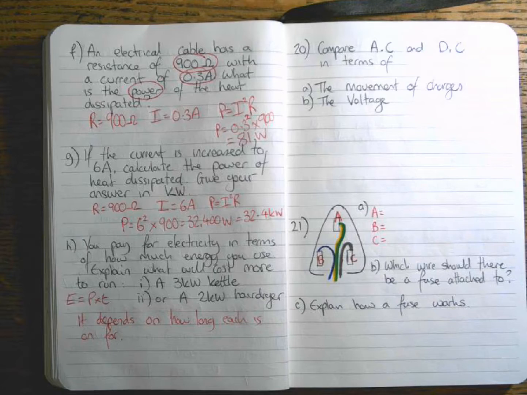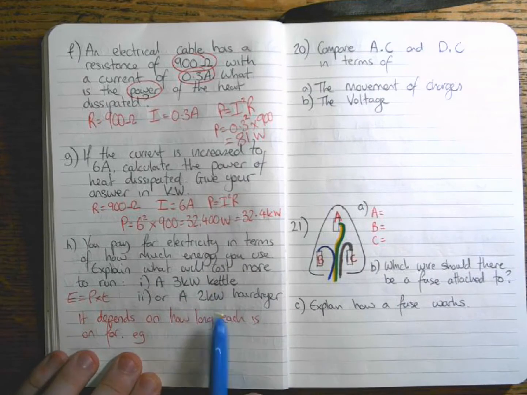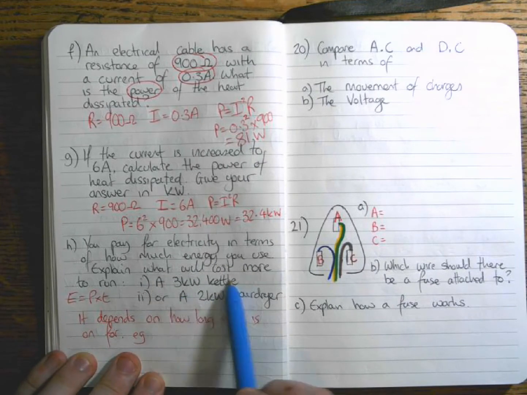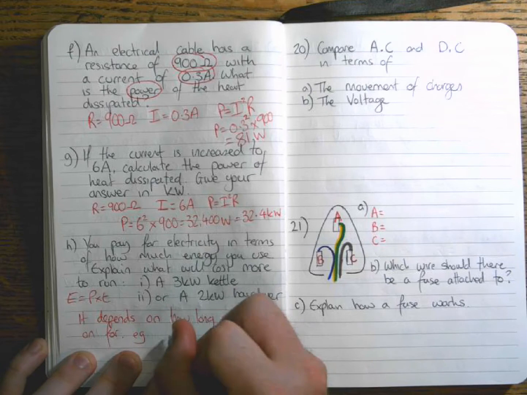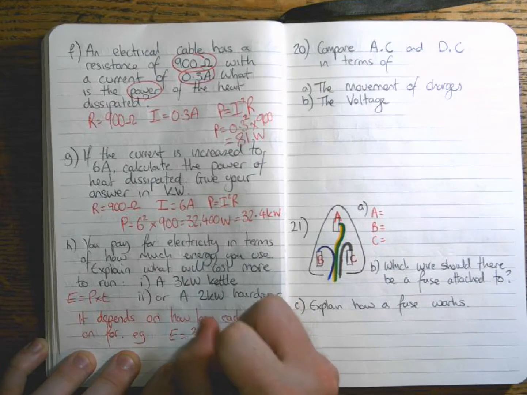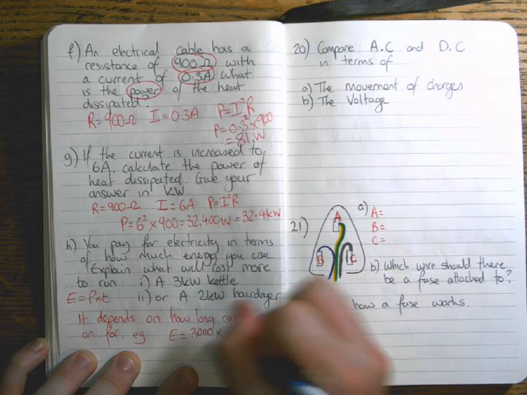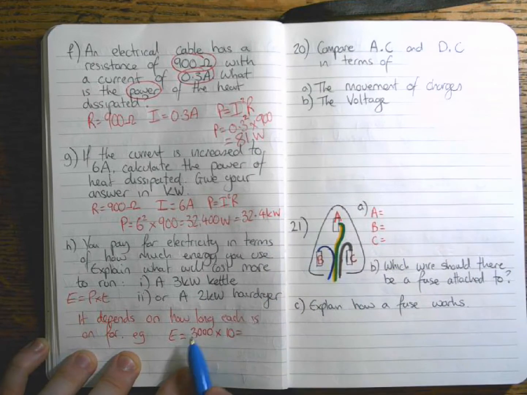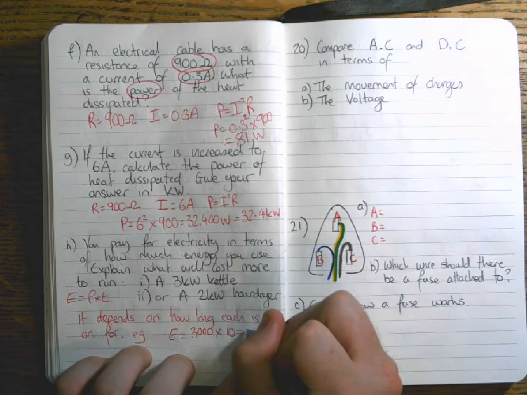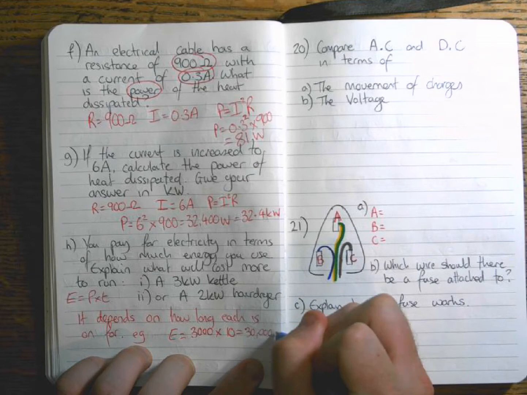For example, if you thought, oh well, obviously the 3 kilowatt kettle's going to cost more. Well, if you've got 3,000 watts, and it's on for, I don't know, 10 seconds, then the total energy it's going to use is 30,000 joules.